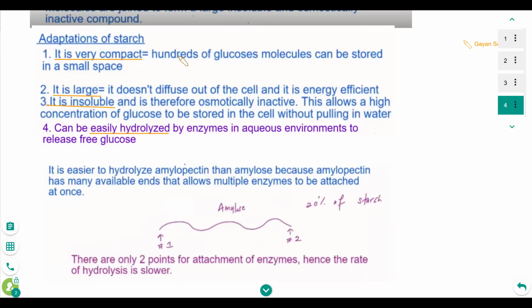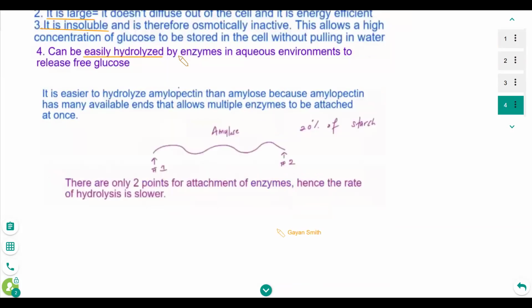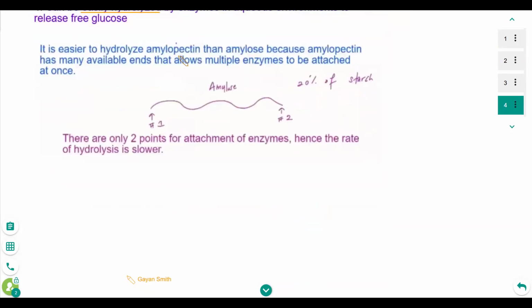For example, in times of danger, an animal trying to run from a predator wants to be able to break down its starch quickly and get the glucose it needs. So that is actually a very important feature. So let me just give you that note, and then we're going to move on to our next polysaccharide, which is glycogen.